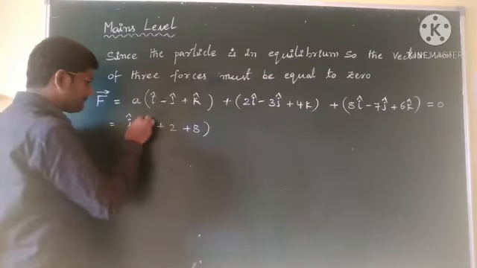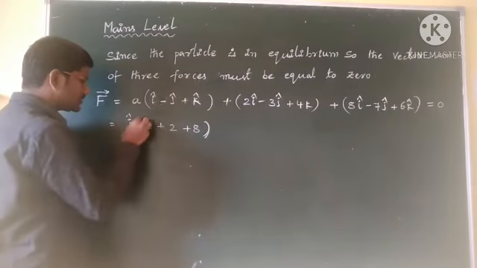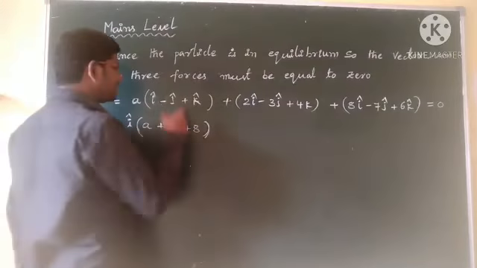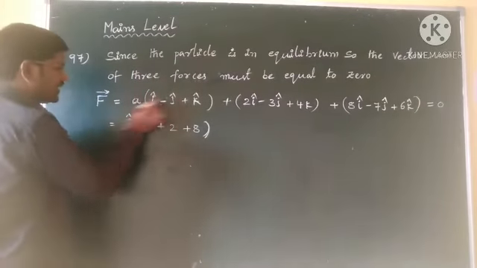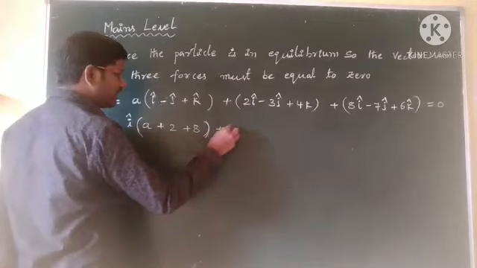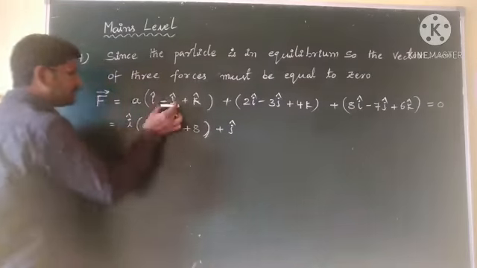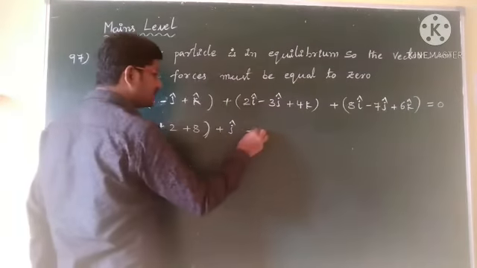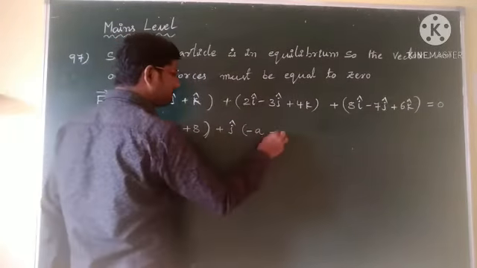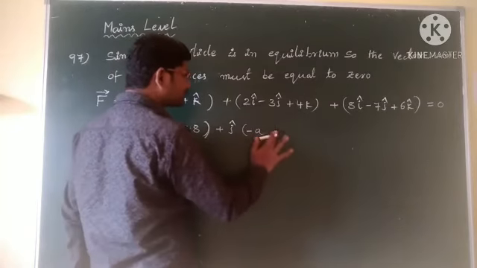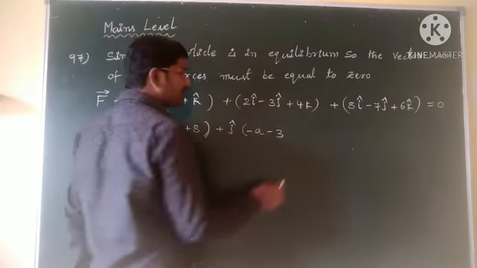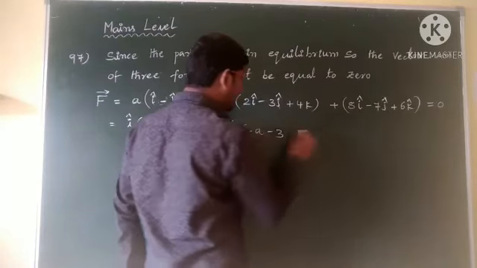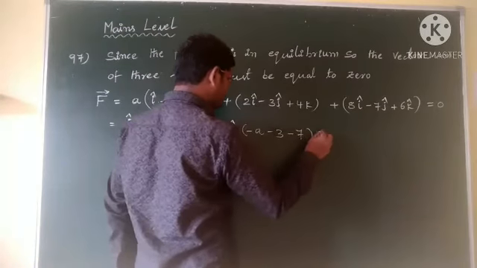Similarly, take j cap common: A into minus 1, so minus j, minus 3, and minus 7.